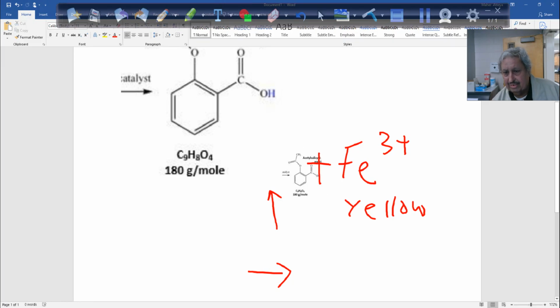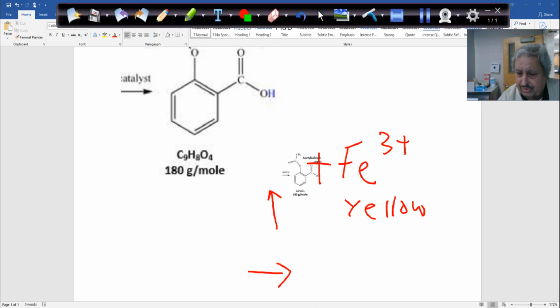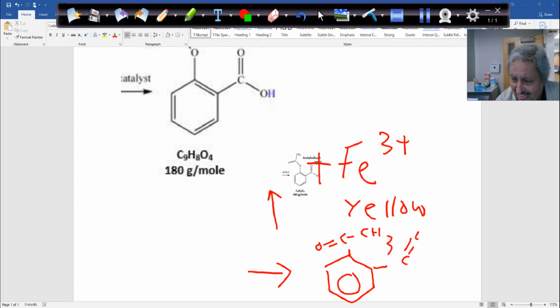I will show you how this salicylic acid is. So here what's happening: this is the salicylic acid, correct? That's the acetyl group. That's the carboxylic acid. Now this one here, O minus, correct?